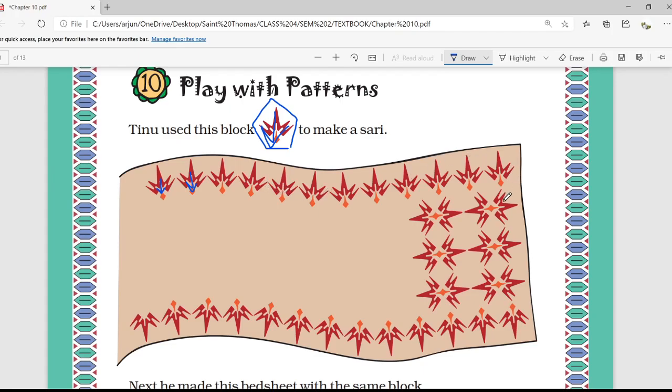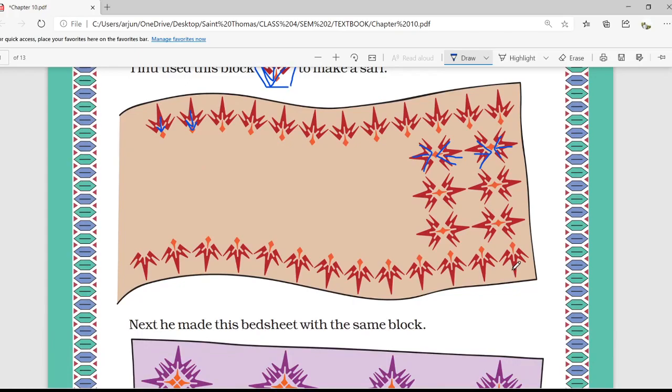Then they have done it this way, right? This way. So with one block only, they have printed different patterns, right? In this direction.